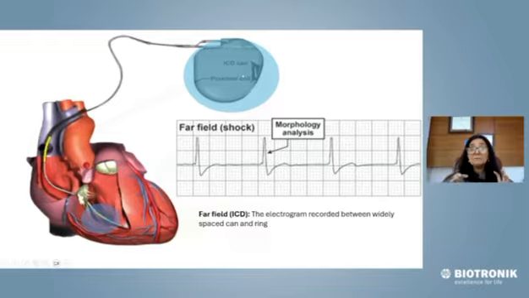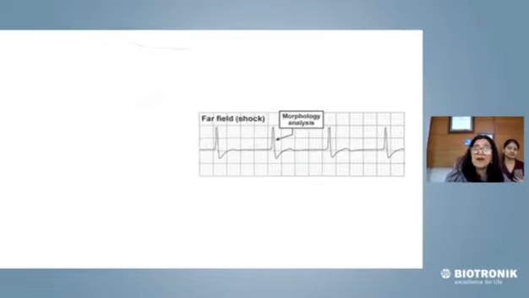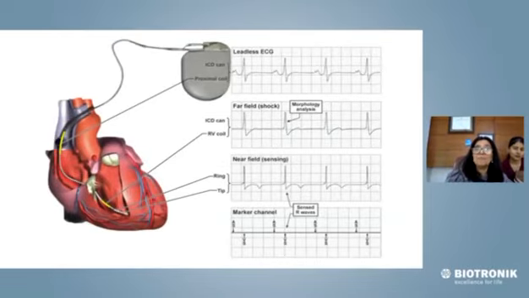Remember, just like in ECG, an ECG is placed away from the heart, and it encompasses all the electrograms which are emanating from the ventricular myocardium, and formulates the ECG. Similarly, the far field EGM is very akin to your surface ECG, as you can see here. And sometimes you can even see the P waves. So a far field EGM is for morphology analysis and allows you to identify what is the rhythm going on.